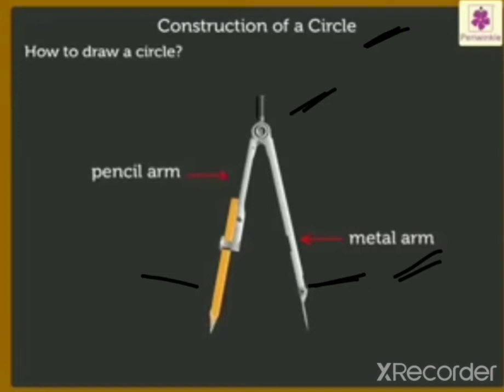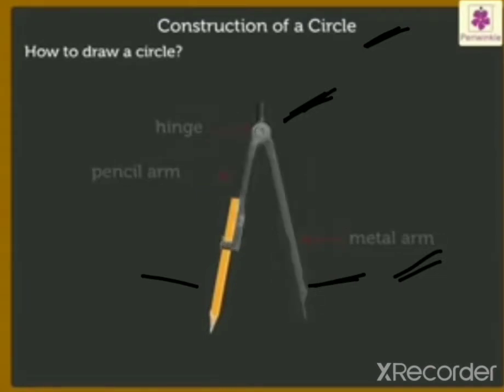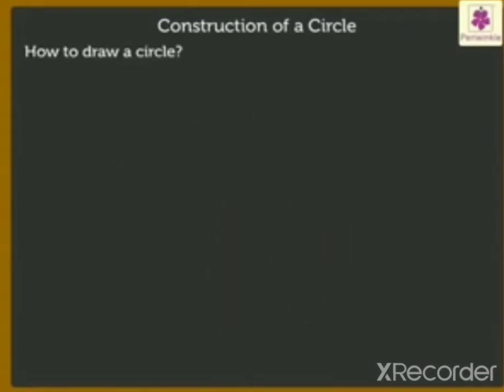Why is this the pencil arm? Because we will hold our pencil in this arm. And this part which is joining the 2 arms is called the hinge of the compass. So a compass has 3 parts: first is the metal arm, second is the pencil arm and third is the hinge.